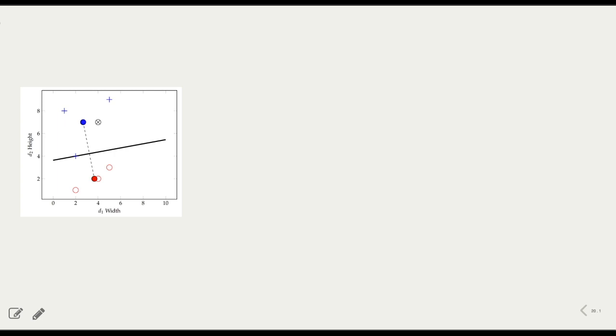And so having more data instances with smaller width and height, for example, in the negative class, as shown here, will greatly impact the way in which the data are distributed and will change the linear function to a much greater degree when we use this centroid idea. So look at the example here: just a few slight changes in the training data, and we have a very different linear function here.